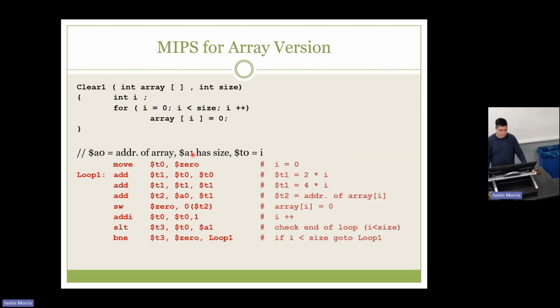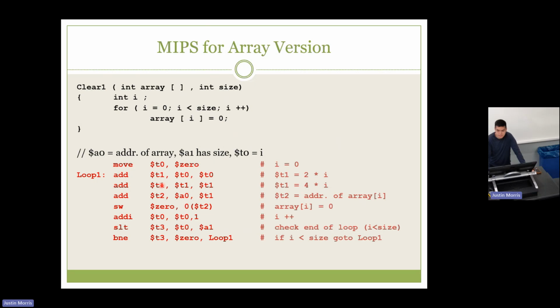So here is an array version of looping through an array. First thing is I is 0, and T0 is I, so we're going to multiply our current element that we want to address by 4, and that's going to be our offset.